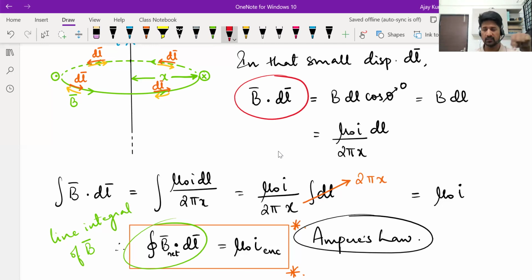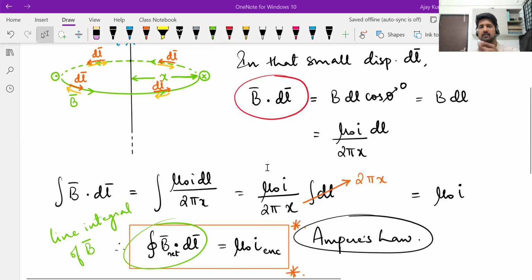So if you move in the other sense along that loop, the angle between magnetic field and dl vector everywhere, how much will it be? If you move as indicated by the orange arrows, the angle between B and dl is 0. If you move as indicated by the yellow arrows, what is the angle between B and dl everywhere? It will be 180 degrees. And what is cos 180?